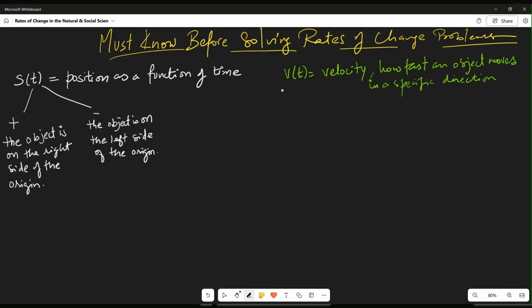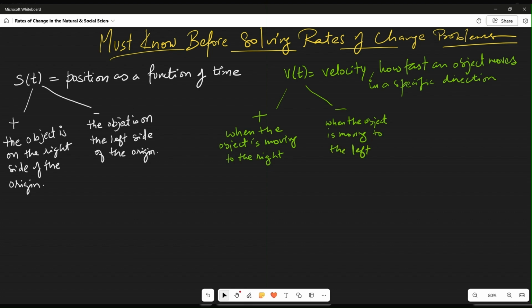Velocity positive versus negative: velocity is positive when the object is moving to the right, and velocity negative means when the object is moving to the left.